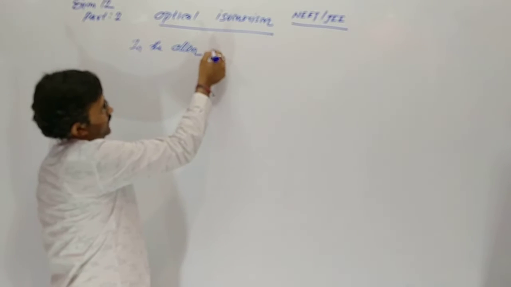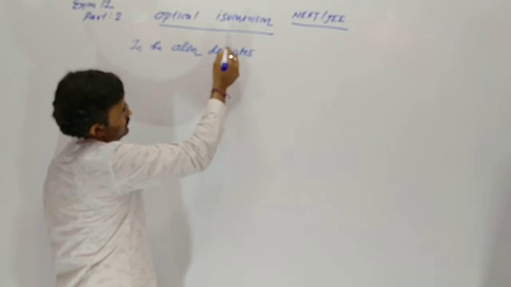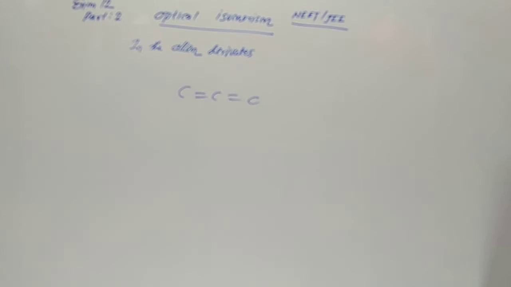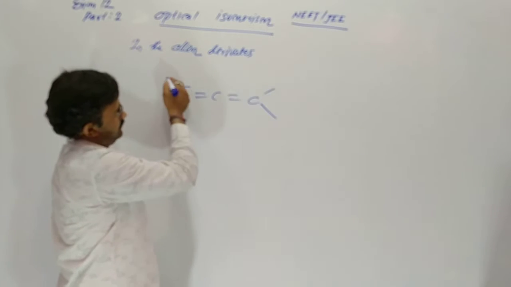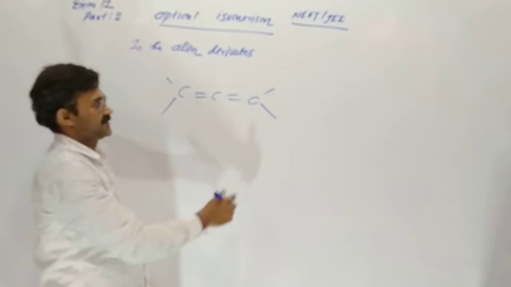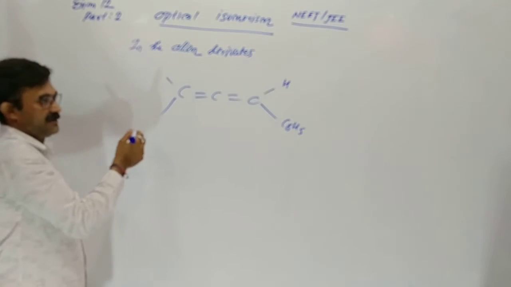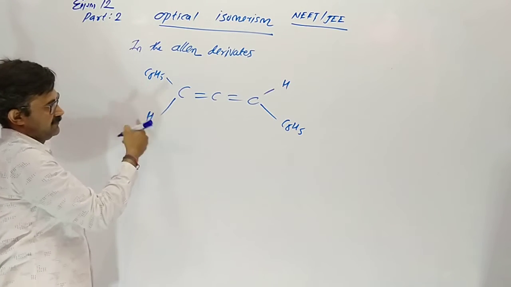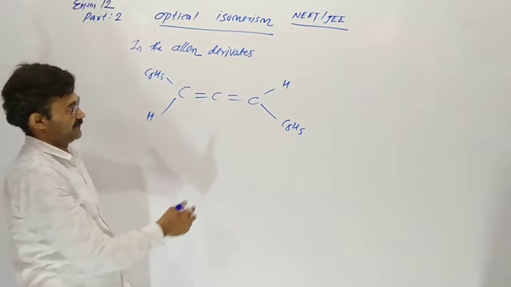Yes, allene derivatives. Which one is allene? 3 carbons and 2 double bonds on adjacent carbons. Here is H, phenyl. This is allenes. Here no carbon is chiral, but this compound is exceptionally optically active.